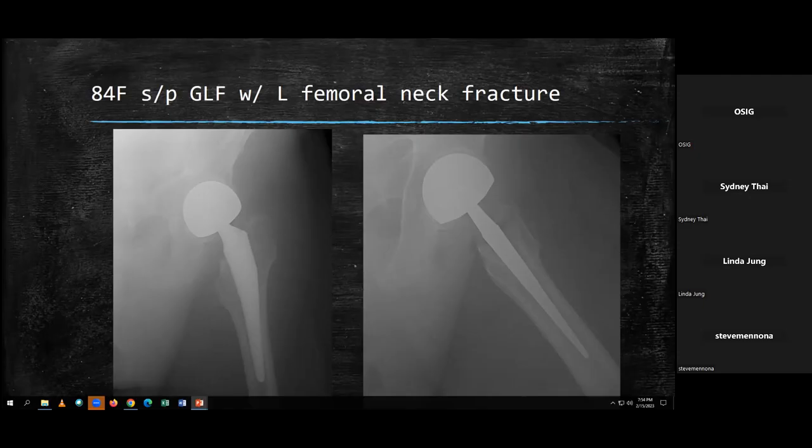I'll bet Dr. Cott will probably nod when I say this. The things that he did in fellowship or residency, some things are the same, but he's doing a good amount of things differently because he's followed the literature and stayed up with the cutting edge of how to do surgery. So it's not boring, and it's not like you learn things one way and do that for the rest of your career. You change.